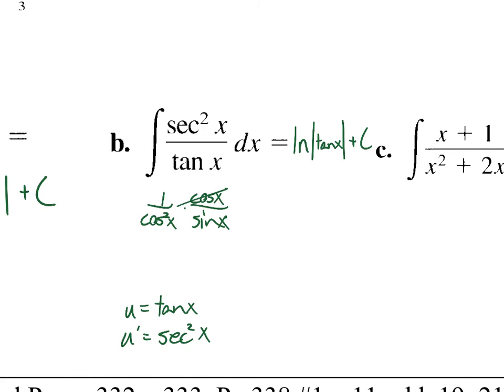The cosines would cancel out, and I'd be taking the integral of 1 over sine times cosine. I don't know what the integral of that is either. But that would be one path that you might take as you're thinking through the problem. You just gotta think it through.